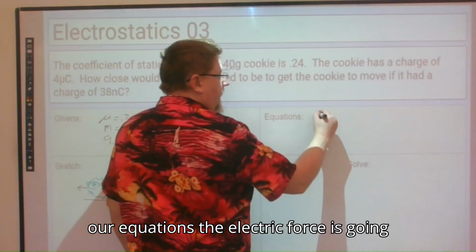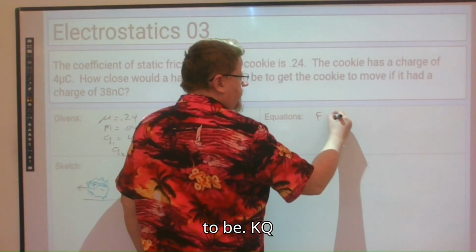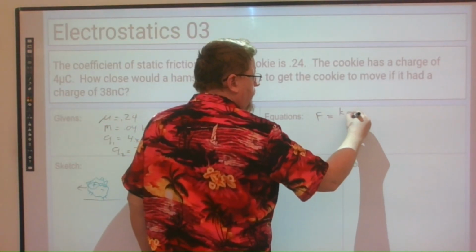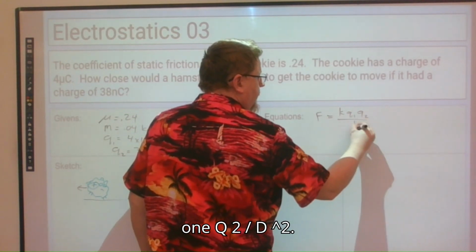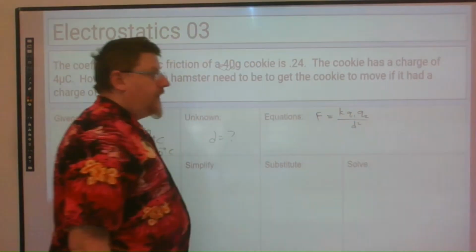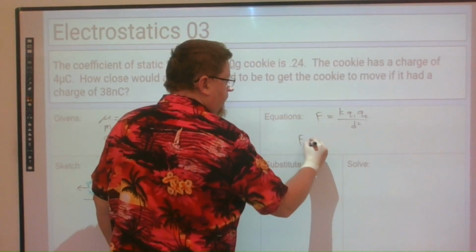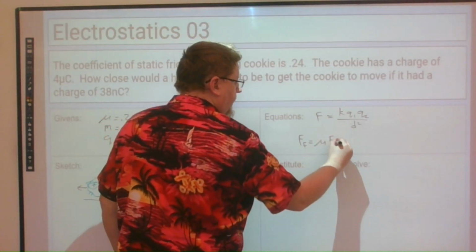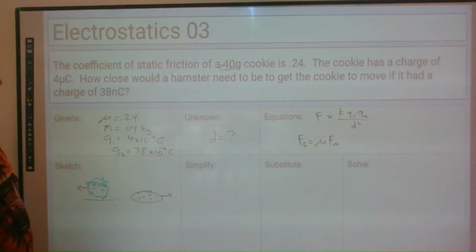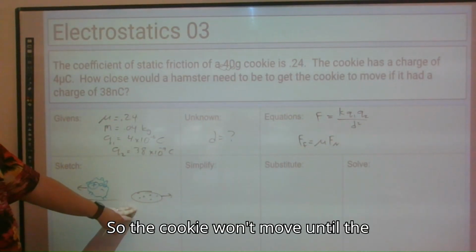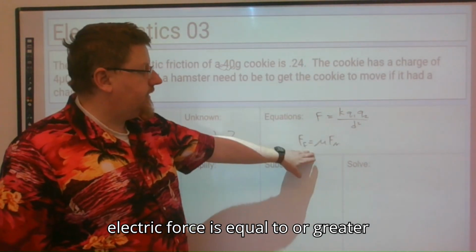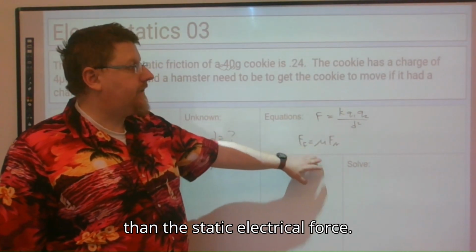So our equations: the electric force is going to be K Q1 Q2 over D squared. But we also have to deal with friction. So the frictional force is equal to mu times Fn. The cookie won't move until the electric force is equal to or greater than the static frictional force.